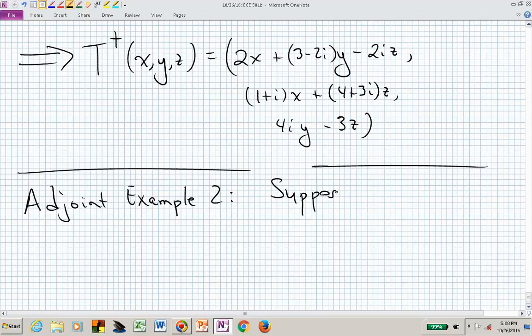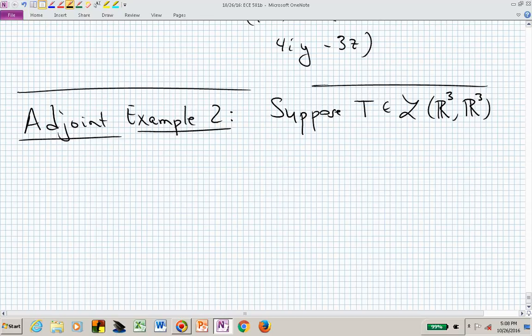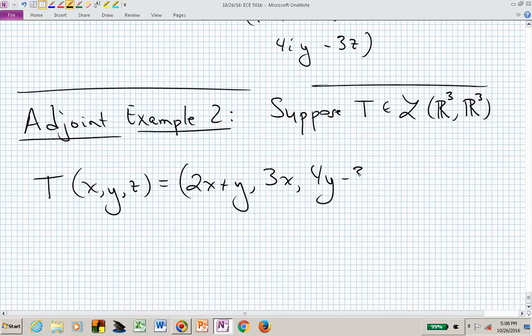In this example, let's suppose that T is a linear map from R3 to R3, and suppose now we have T of x, y, z equaling 2x plus y in the first coordinate, 3x in the middle coordinate, and 4y minus 3z in the third coordinate.